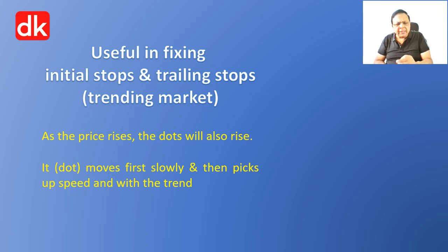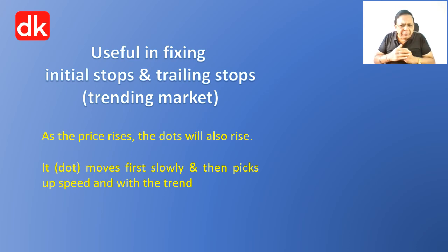And the first dot is an indication of probable commencement of resumption in the trend, because we are talking about the markup phase, because it works only in the trending market. So it will work in a markup phase, it will work in a markdown phase. In a sideways market or a range bound market, it gives very false signals and should not be relied upon.